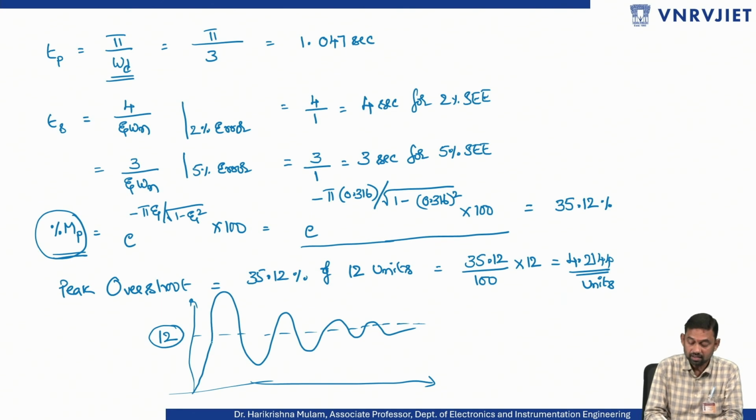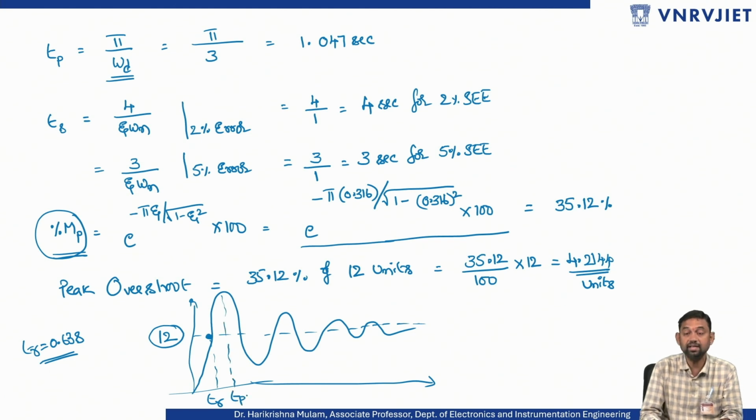And this gives you information about rise time. Time taken by the response to reach 100% of the final value for the first time. That means at this time, it reaches 12 magnitude for the very first time. And we got this rise time as 0.63 seconds.